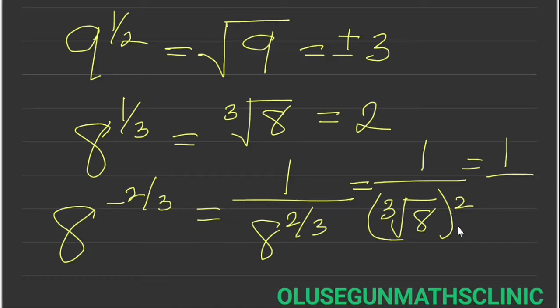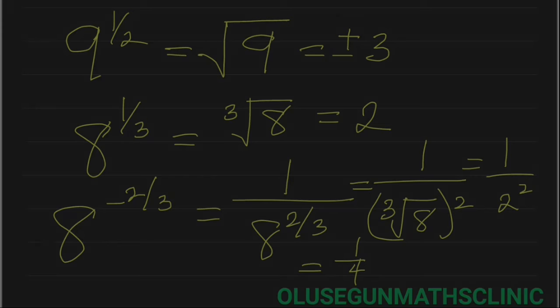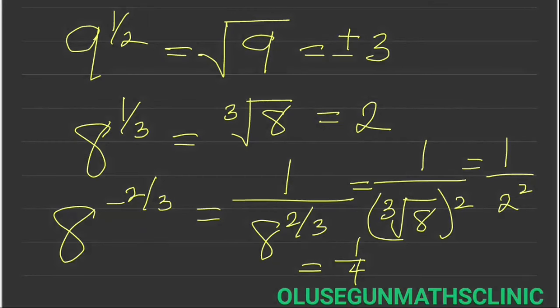The cube root of 8 is 2, that is 2 squared, so the final answer here is 1 over 4. I will also give you a classwork relating to this example, to make you know it better and get it clearly.